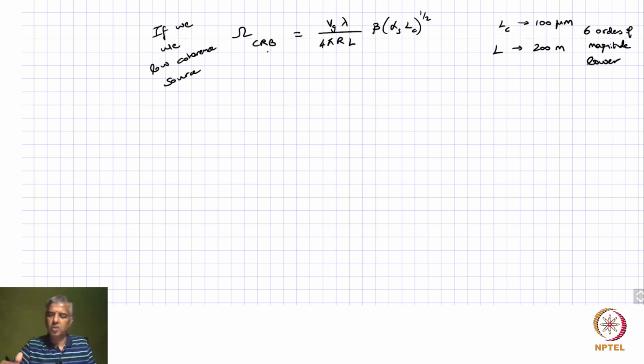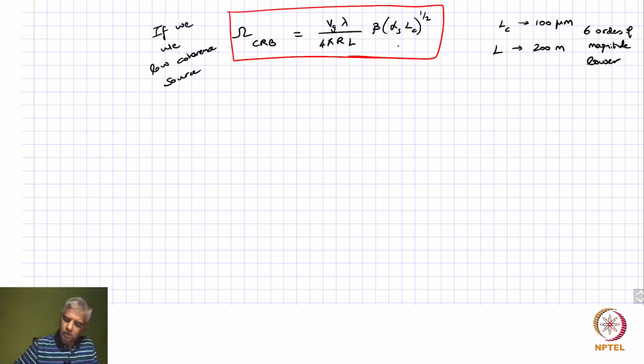Okay. So, the key for this is this part where LC should be as small as possible. So, you are essentially saying that you need to have as low coherence a source as possible.